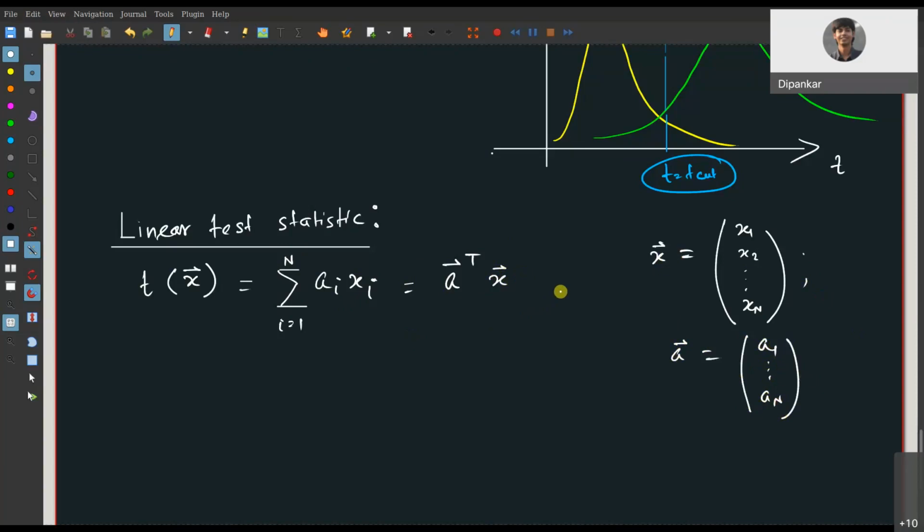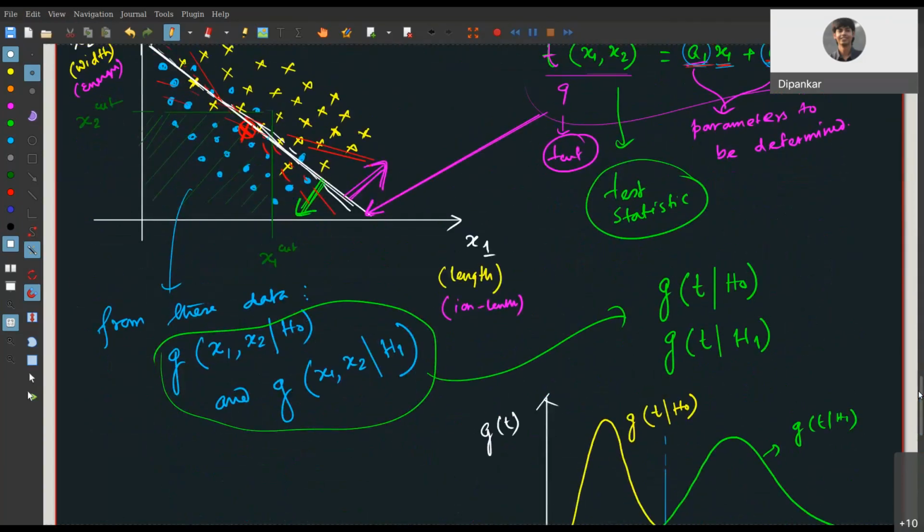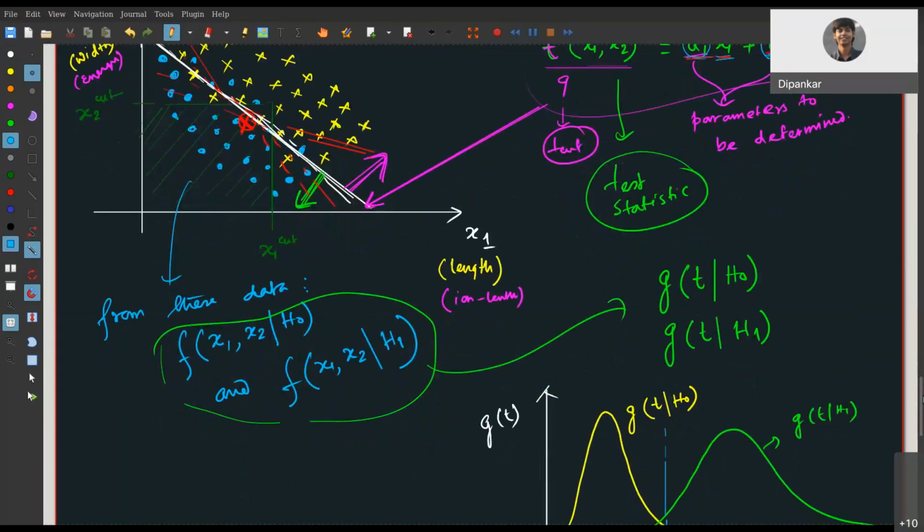Since you already know the training data, this is your g(x1, x2 | H0). Rather, I would like to change the names, because G is the name I reserved for my test statistic, and for data I will just call it F. The probability distribution, the PDF of the test statistic, I reserve the G symbol for.